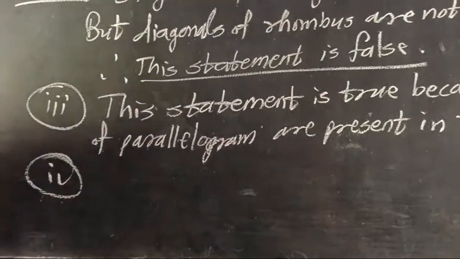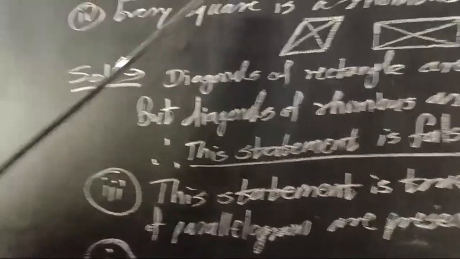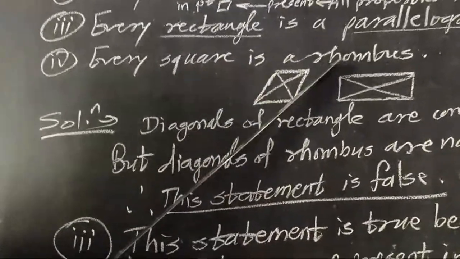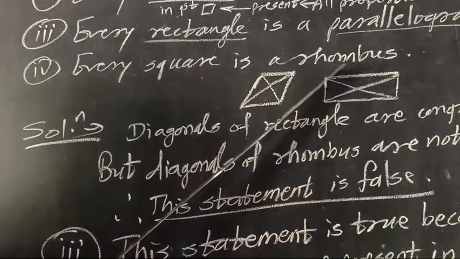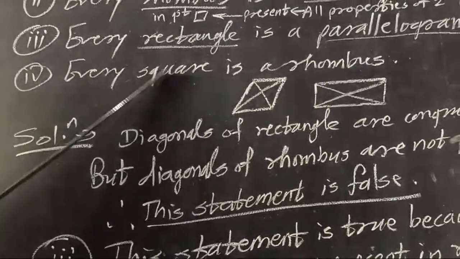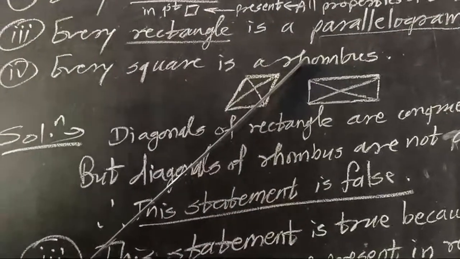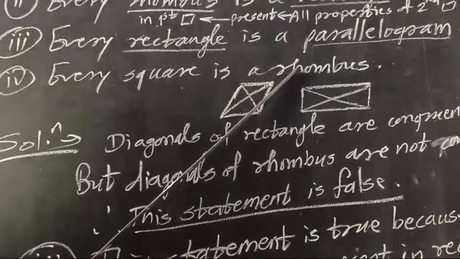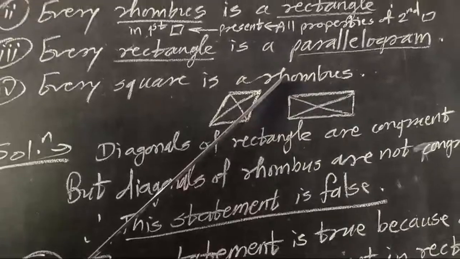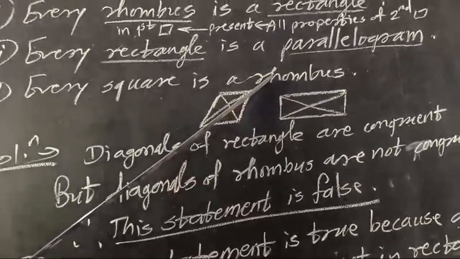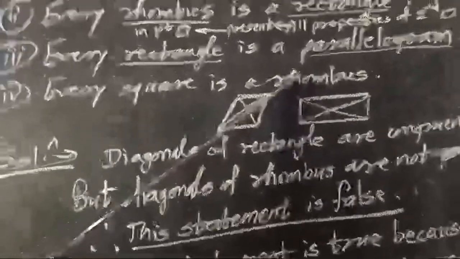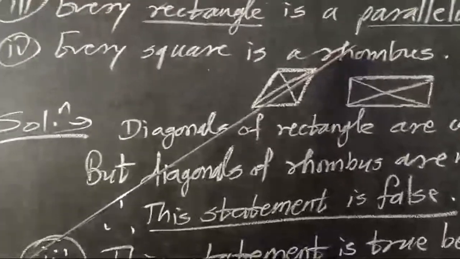Fourth, every square is a rhombus. Property of rhombus present in square we check here. First property of rhombus. All sides are congruent. That is not a property. Definition. Definition is not important.